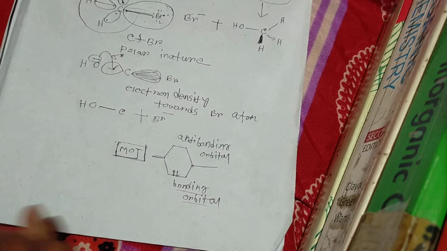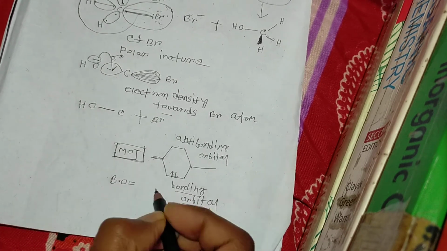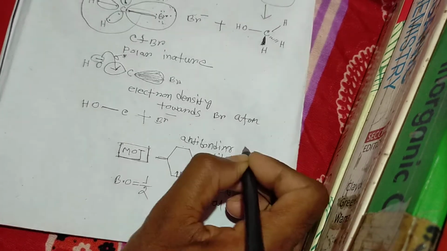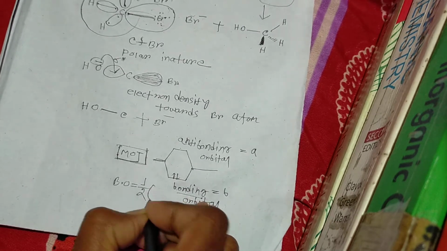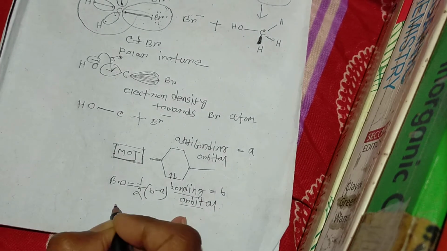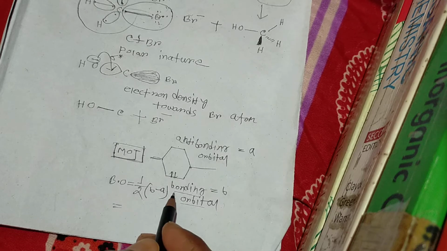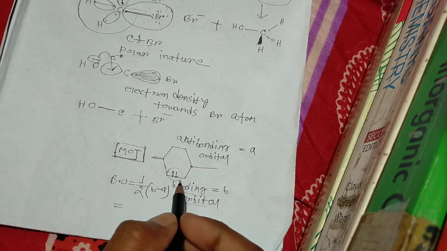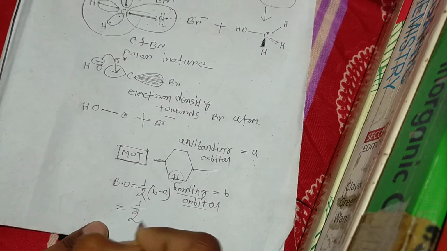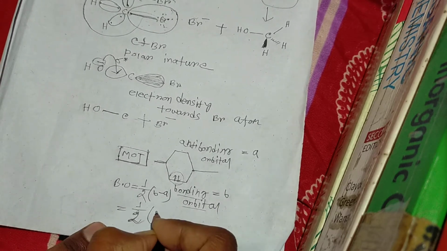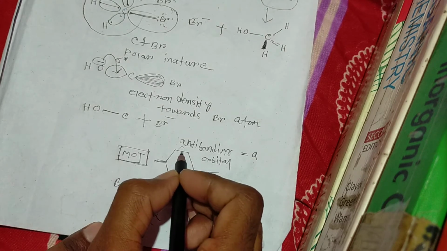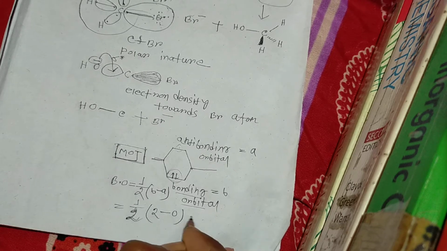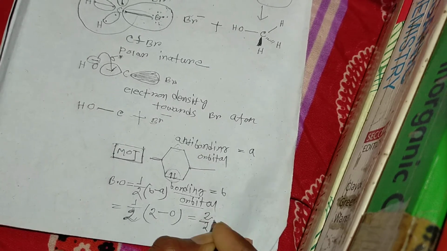Okay, bonding orbital. So bond order is actually half of B minus A, where B means bonding and A means anti-bonding. Here the bonding orbital has two electrons. Okay, so 1 by 2 times (2 minus 0), since the anti-bonding is vacant, that is 2 by 2 equals 1.